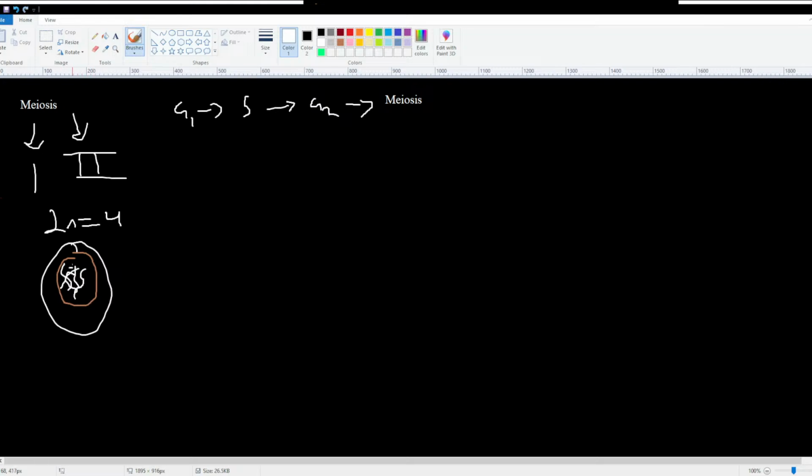Also, this is during G2, by the way. It's gotten signals to do meiosis instead of mitosis, because the body is starting to produce gametes. So it gets a signal, and it's like, okay, you got the check to start doing meiosis. So now, instead of going to mitosis and splitting that way, it's going to do meiosis.